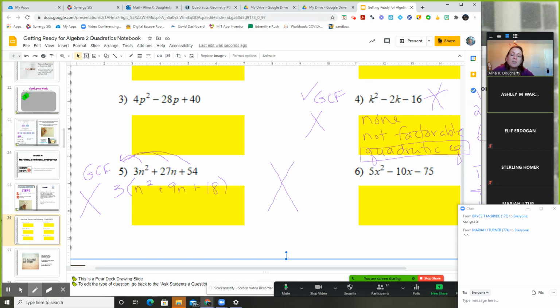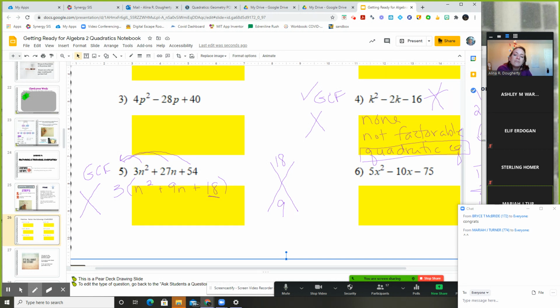What multiplies to 18? Because we factored it, right? So what multiplies to 18 and adds up to 9. One of the reasons you want to take out that greatest common factor is because finding the multiples of 18 is a whole lot easier than finding the multiples of 54. Take out that greatest common factor so your numbers are smaller.